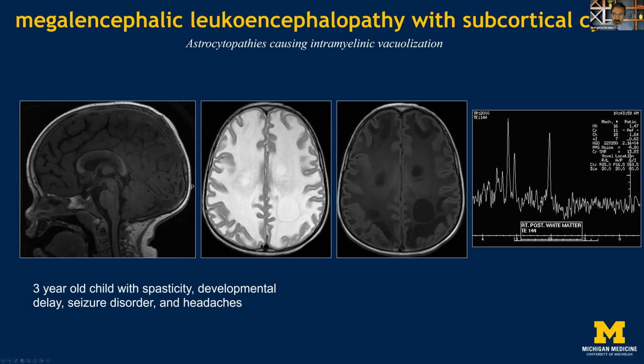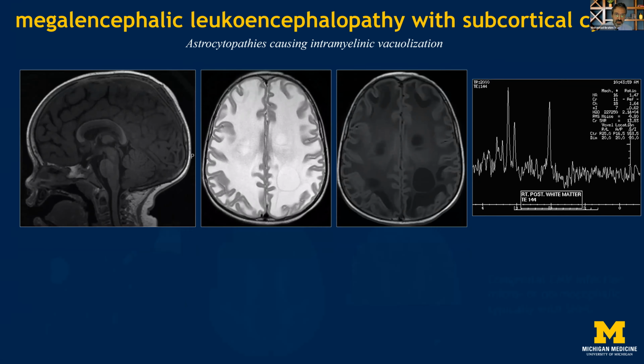The MR spectroscopy is very non-specific, with just low NAA. Here's the sagittal T1 weighted image. You can see there's apparent enlargement of the cranium compared to the face. So this patient has macrocephaly.